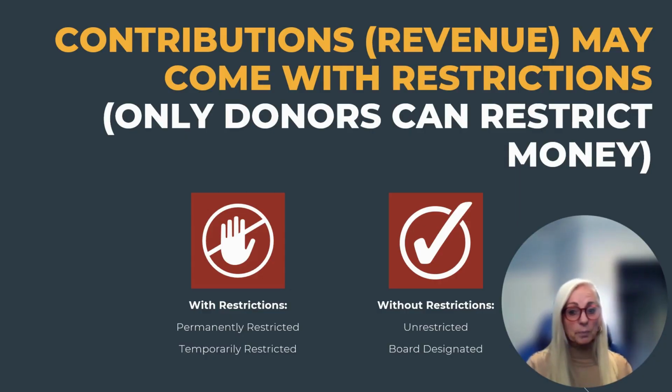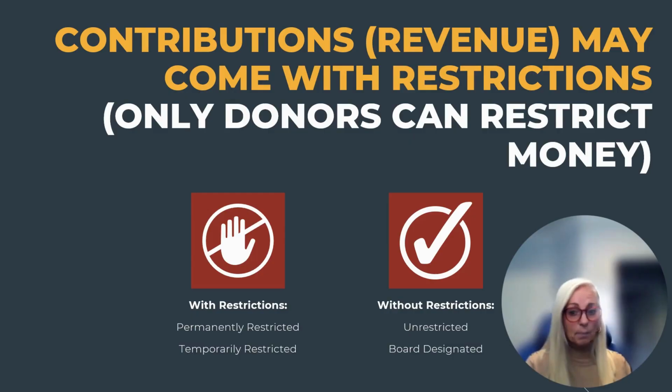When donors restrict money, it's usually larger contributions, and they can restrict it in perpetuity, called permanently restricted. And that means you can never touch the principal, or they can restrict it temporarily. And usually that temporarily restricted purpose is for a purpose like build a baseball program. The temporary restrictions, though, can also have time restrictions on them. Here, I'll give you $1 million over 4 years. You can do what you want with it, but you're only going to get $250,000 a year.